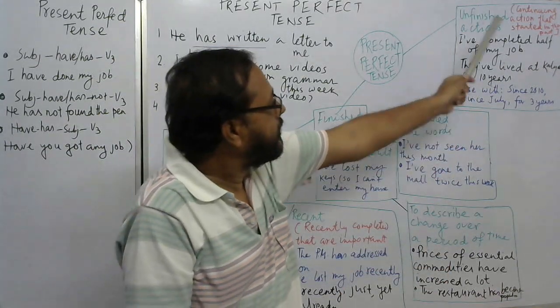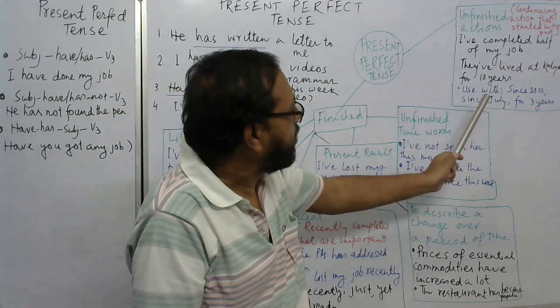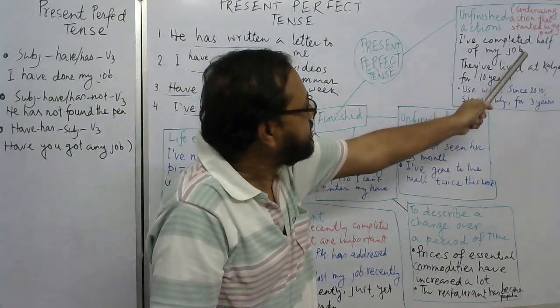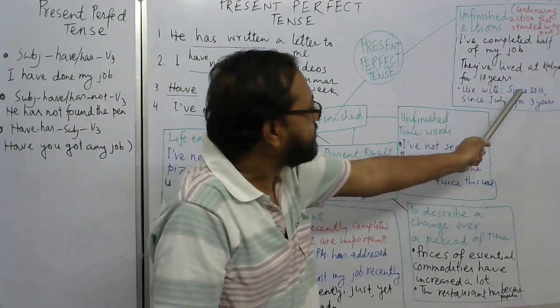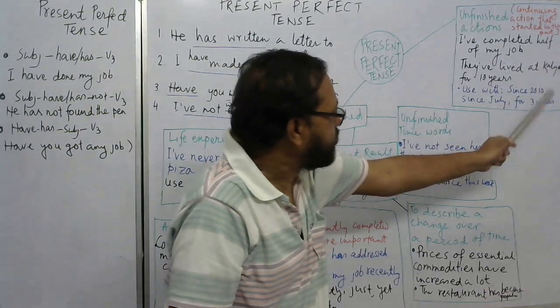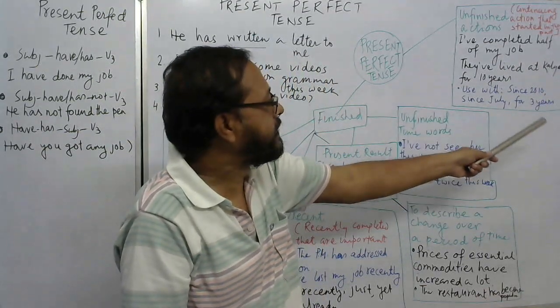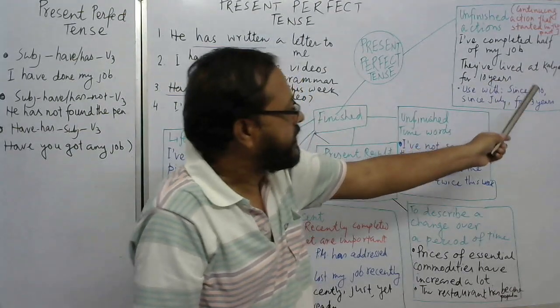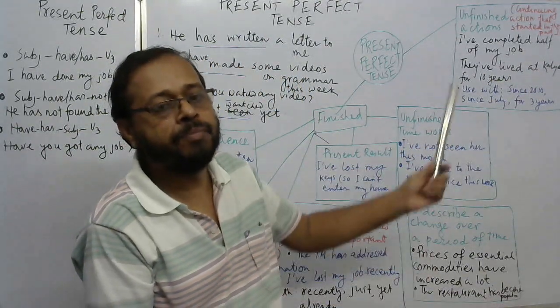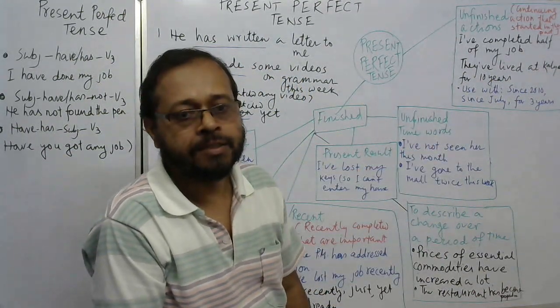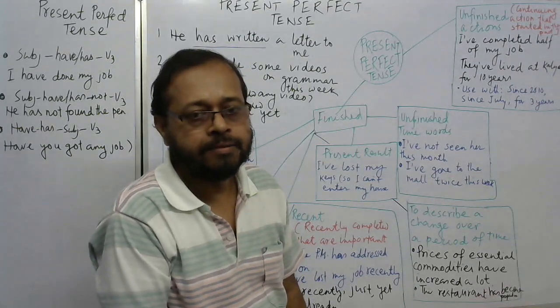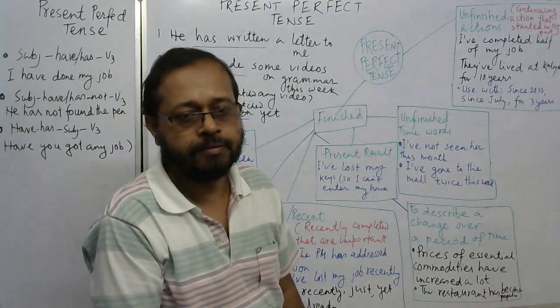And we use these type of sentences with since 2010, since July, for 3 years, for 10 years. I have lived at Chanda since 2007. Okay.